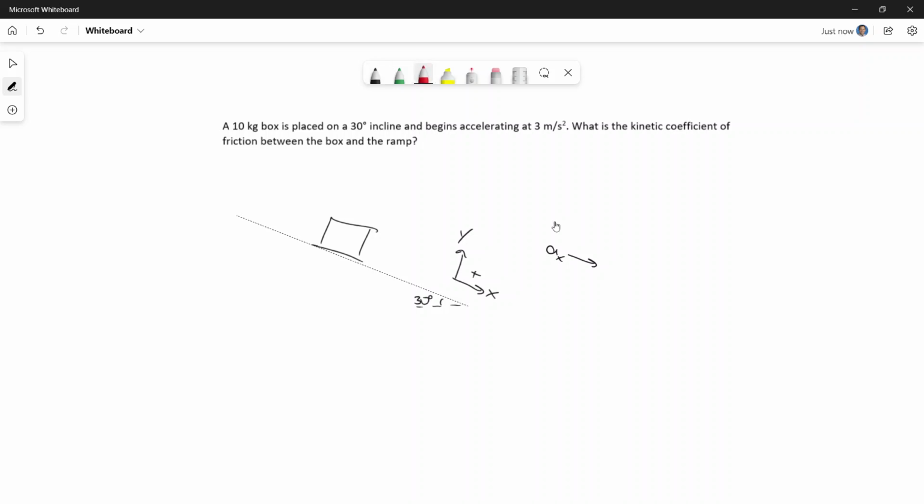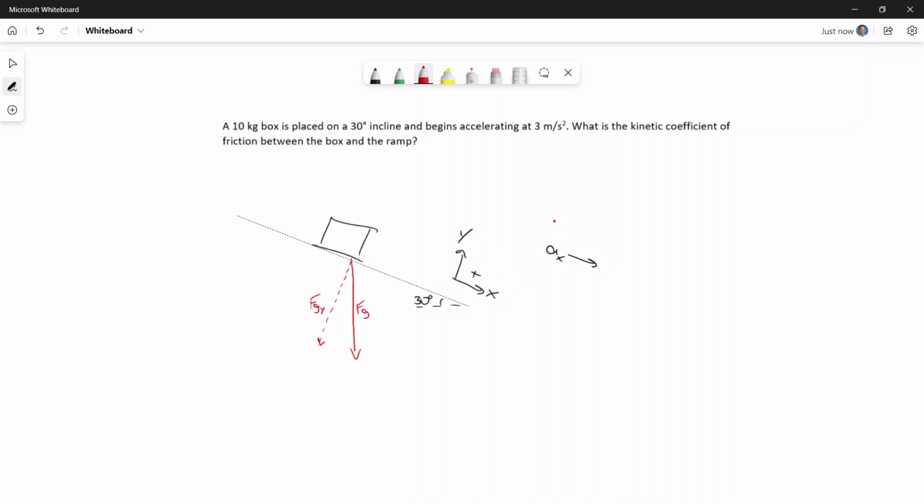The first force we're going to typically put on a free body diagram is that force of gravity. So Fg acts straight down towards the center of the Earth, and that actually becomes our angled force. So it might be helpful at this point to draw the pieces of Fg. This is Fg, our weight, and some of Fg acts perpendicular to the surface, and we call that Fg in the y direction.